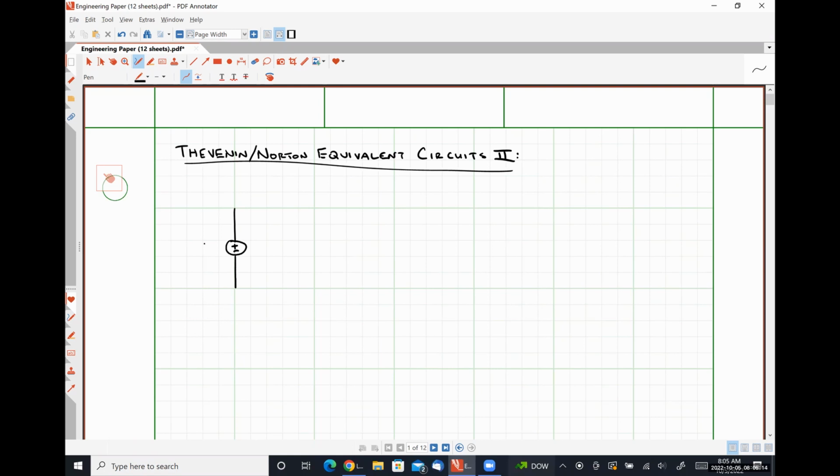by looking at this circuit in which we have a 20-volt source connected to a 6-ohm resistor, which is in turn connected to a current controlled voltage source. So let's call this 2ix.